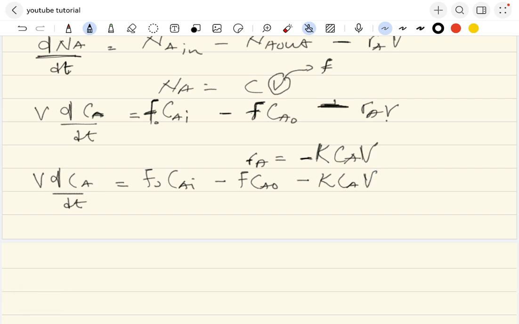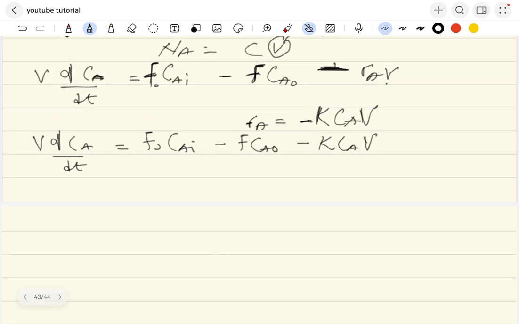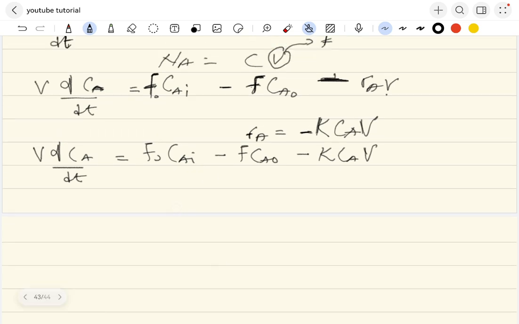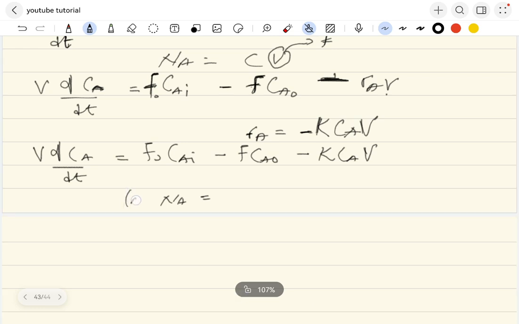Okay, so let's do our balances to make sure, because mole NA, each unit has to be moles, and that one is equal to CAV. So let's do our unit balance to make sure everything is perfect.